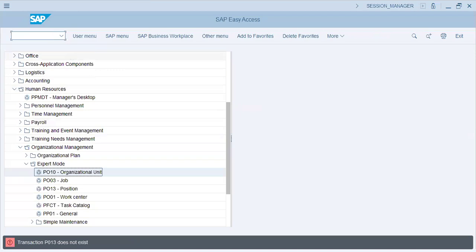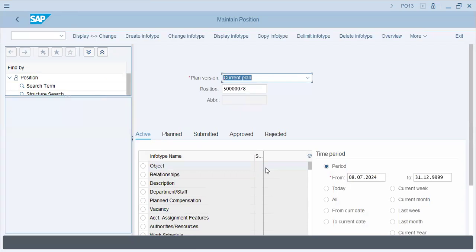PO13. It is position. A position is held by a person. Okay.